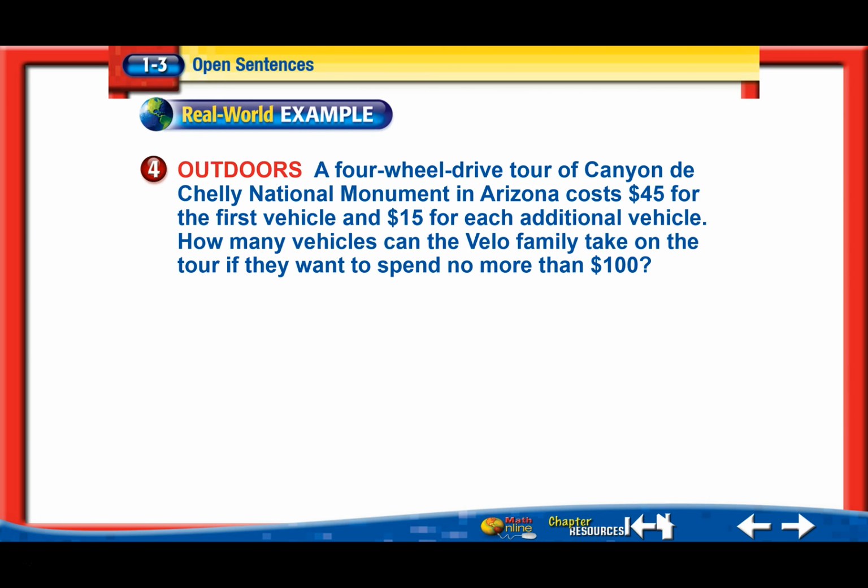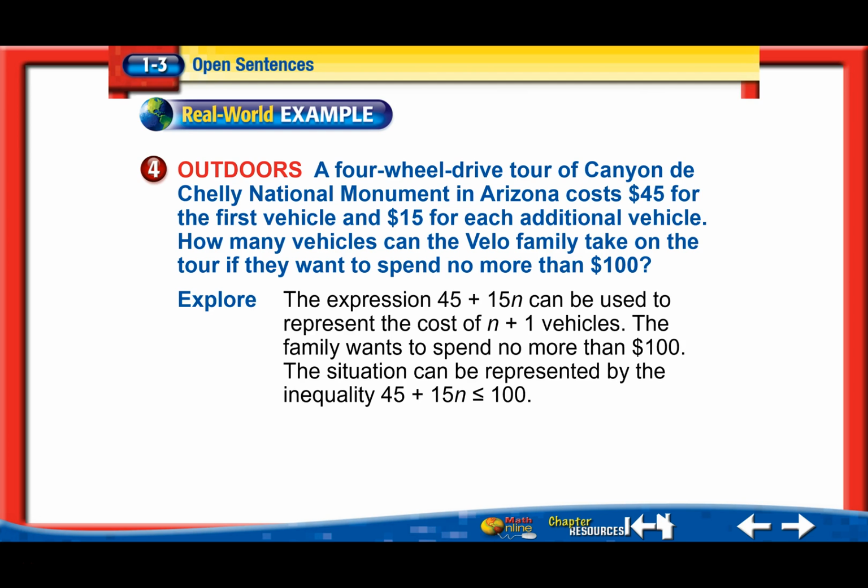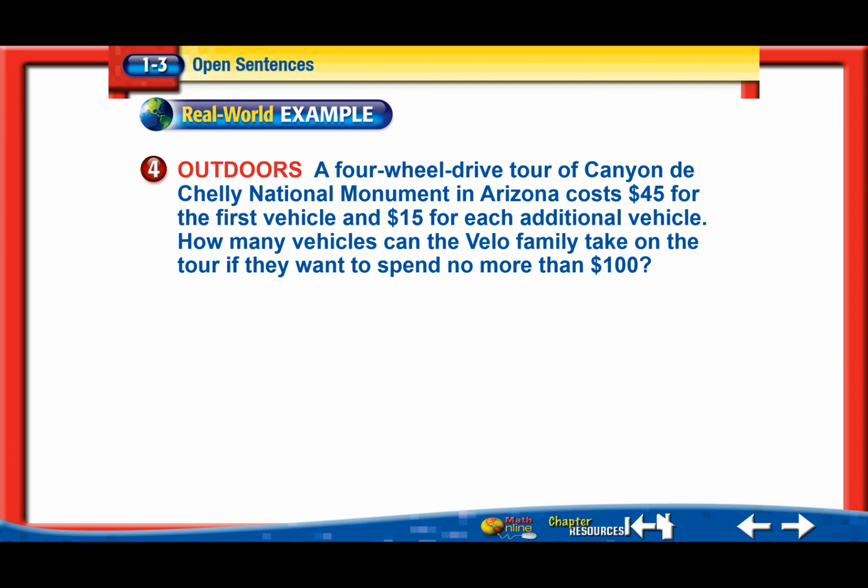All right, outdoors. A 4-wheel drive tour of Cañón de Chelly National Monument in Arizona. I should have tried going there. Oh well. It costs $45 for the first vehicle and $15 for each additional vehicle. How many vehicles can the Velo family take on a tour if they want to spend no more than $100? So we're going to make that first into a mathematical statement.